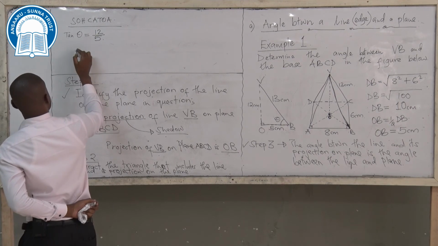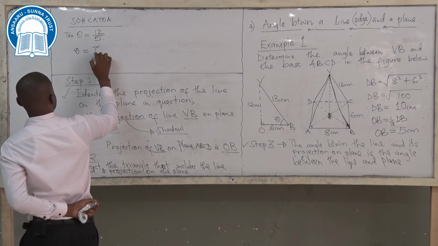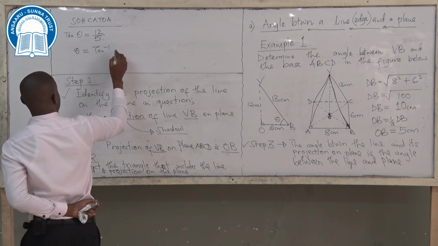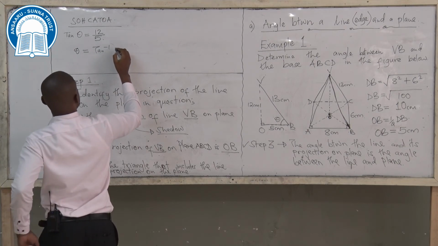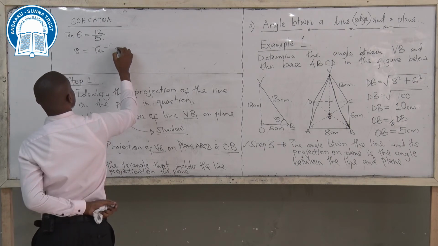And this can give us theta to be tan inverse of 2.4.